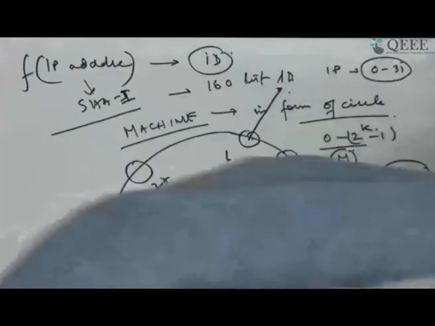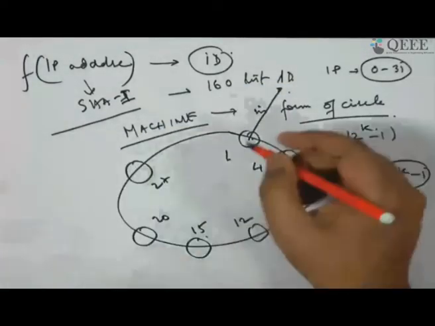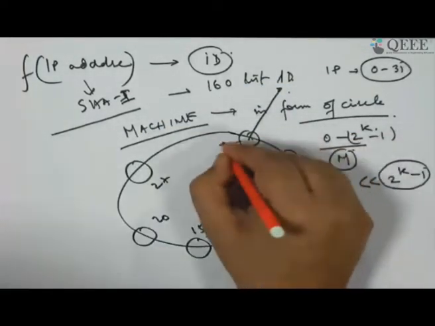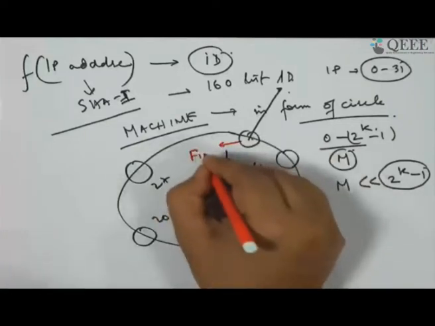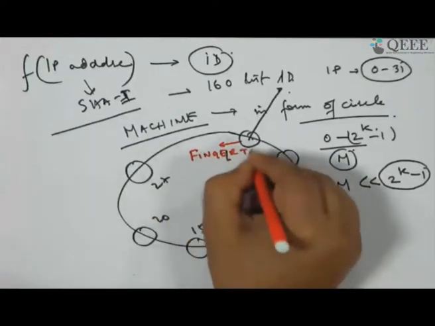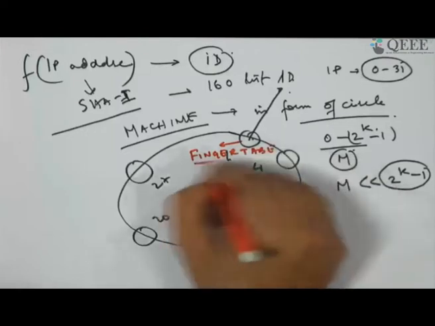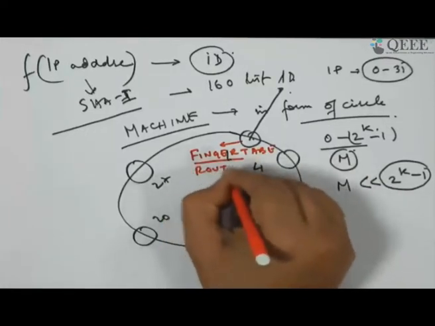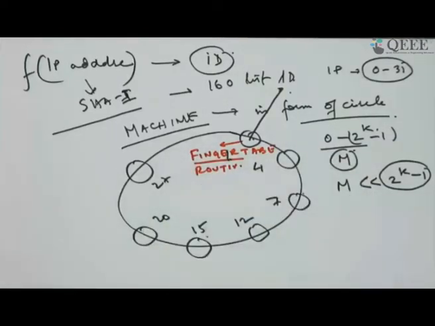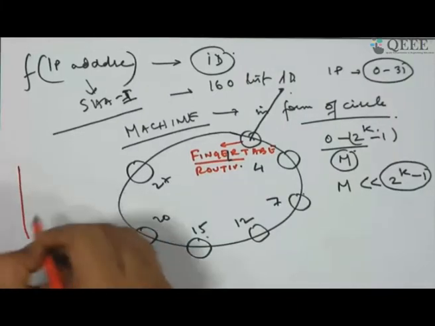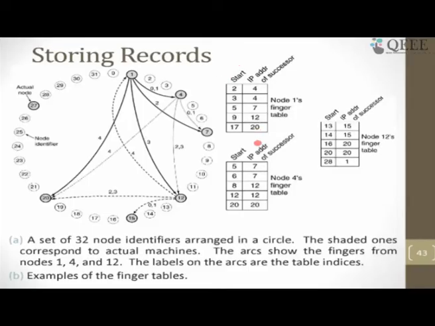Now if you have put machines, each machine has a finger table. Finger table means routing table. And how does this routing table come? Follow the routing table for 1. 1 plus 2 to the power 0 is 2.